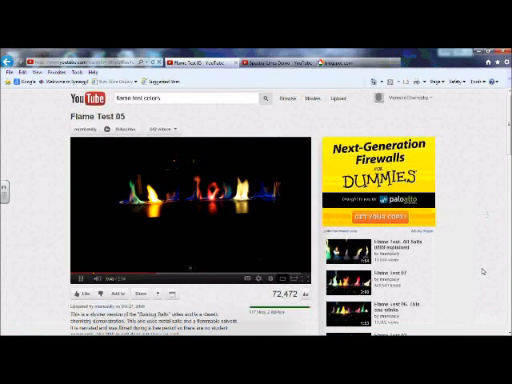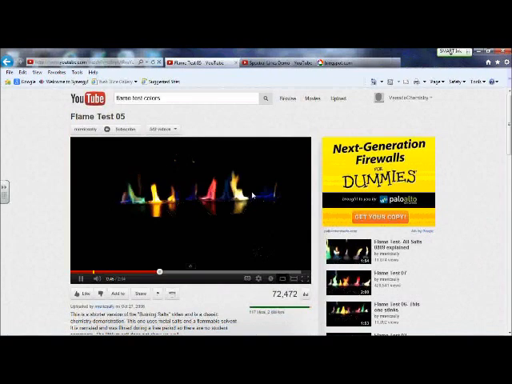Sorry, I'm going to turn this down a little bit. I can hear it, you can't. Now, what you see here, I'm going to pause it for a second. Each of these different colored flames that you're seeing is originally a compound containing a metallic element, and they are soaked in alcohol, and then the alcohol is ignited.